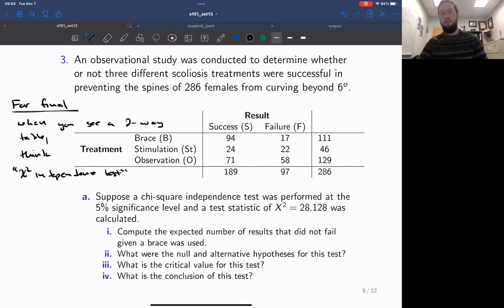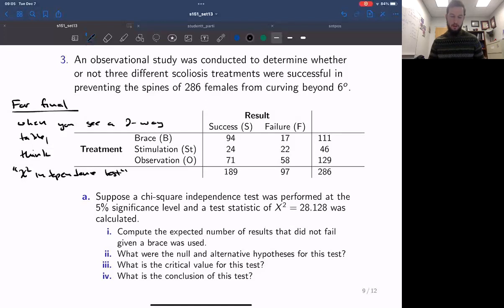The two-way table is almost like a giveaway as to the type of problem you're going to be asked. The only hypothesis test that we have studied that uses data in a two-way table is the chi-square independence test. So if you see data laid out like this, you should automatically start thinking, okay, I'm going to have to do a chi-square independence test here.